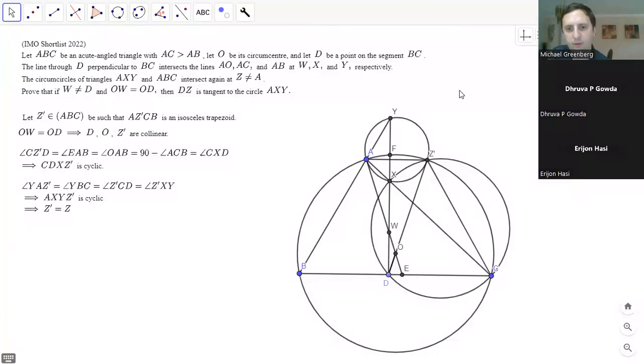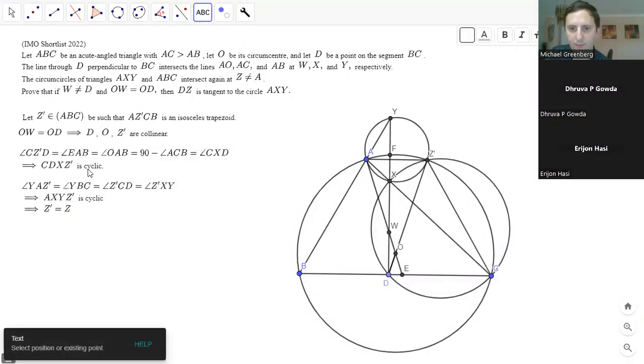So angle OAZ is OED, which is ODE. Actually we could probably just say angle OAZ is angle EAZ.